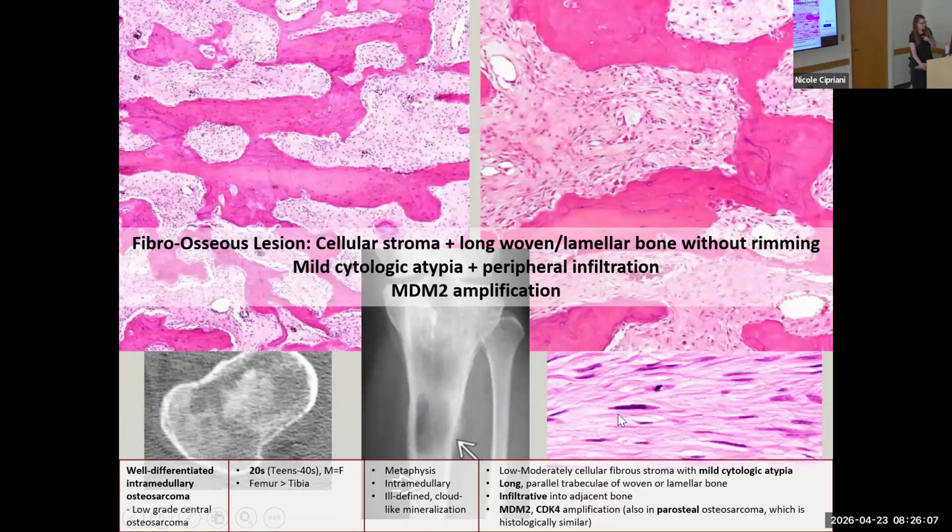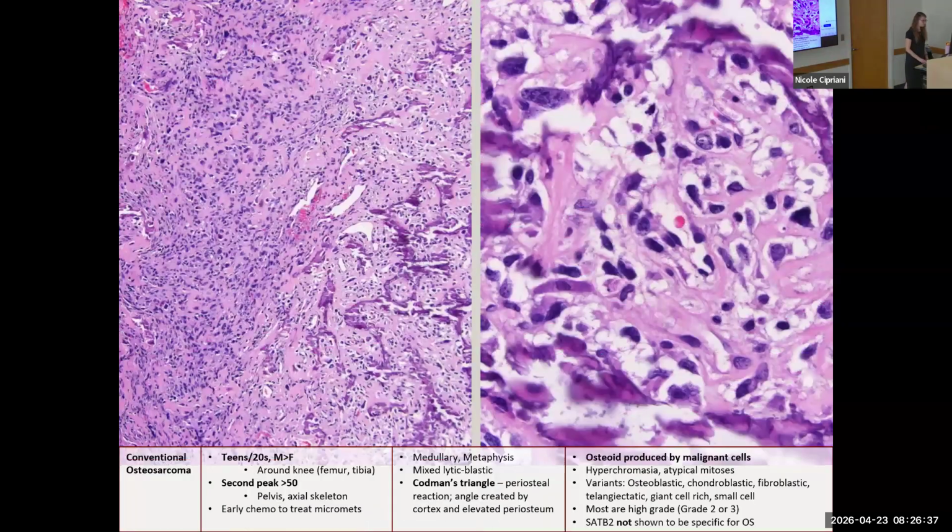What you will see is slightly more atypical fibrous stroma in the background, with long bone strips without osteoblast rimming and probably without Sharpey fibers, but MDM2 CDK4 amplification is critical. So many low-grade fibroblastic osteosarcomas have MDM2 CDK4 amplification. The other low-grade fibroblastic osteosarcoma we'll see momentarily is parosteal.